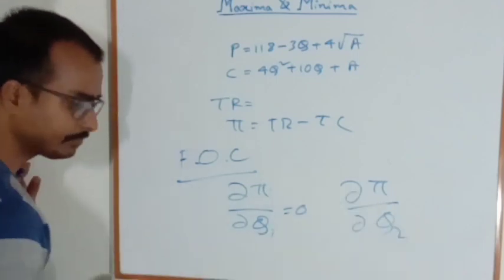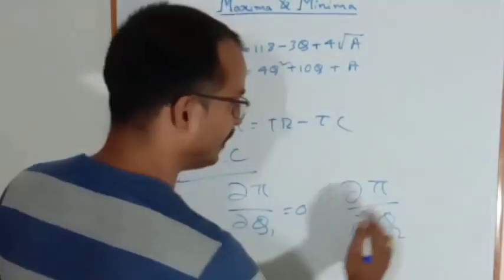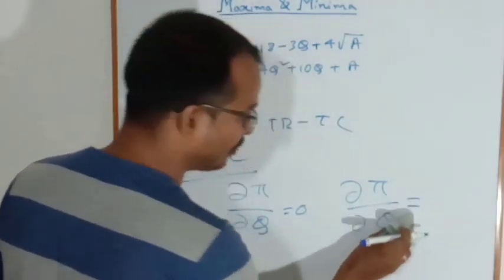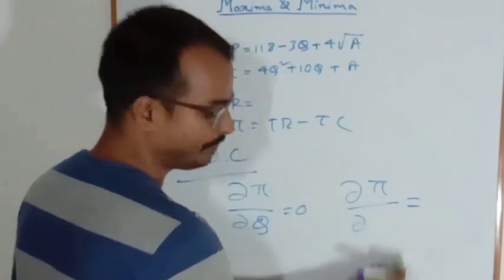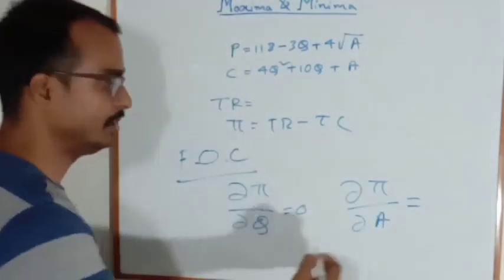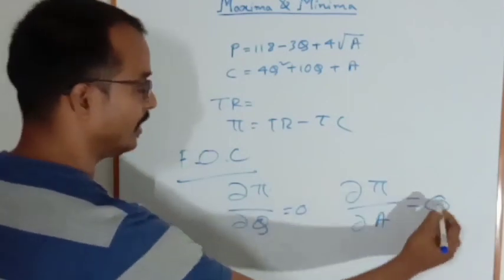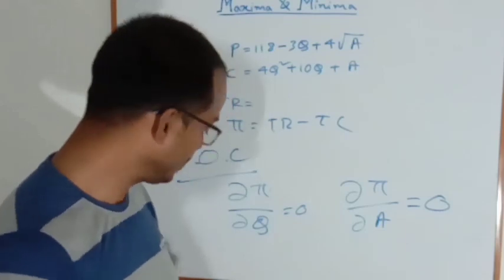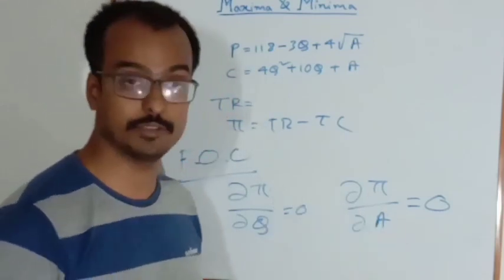But here you don't have Q1 or Q2. Here you have only Q output, and the other condition will be del pi by del A equal to 0. So from here you will get equilibrium output Q and equilibrium advertisement.